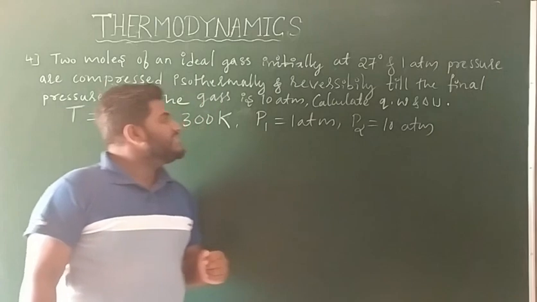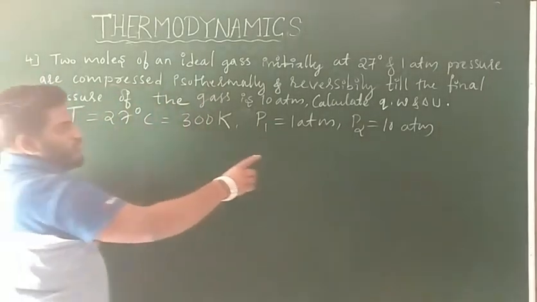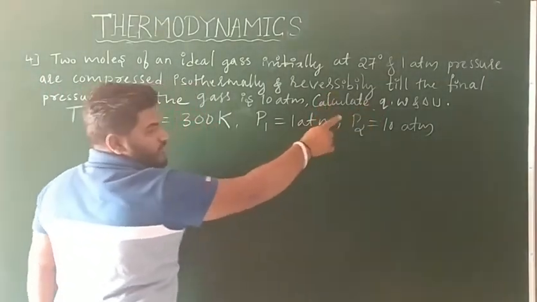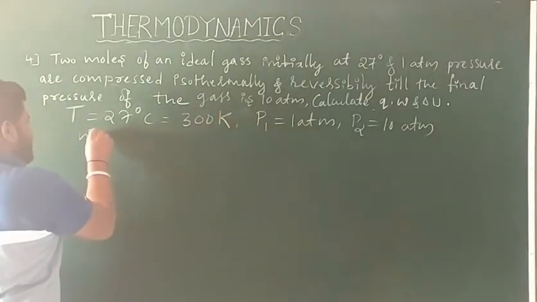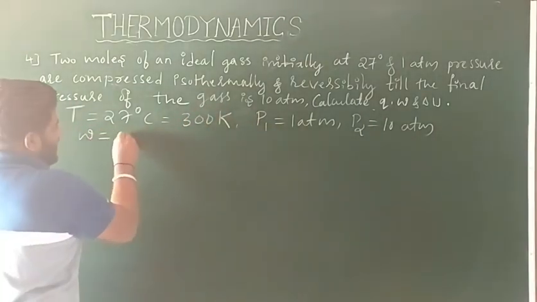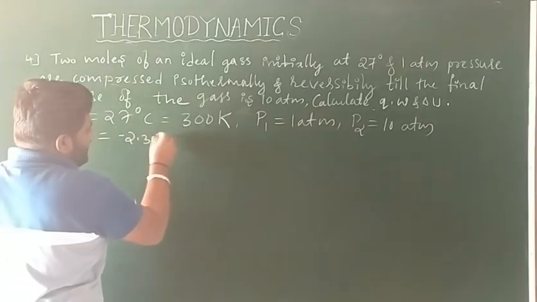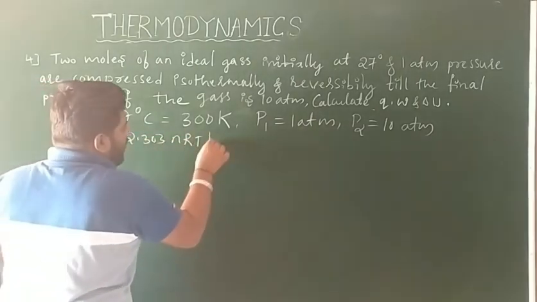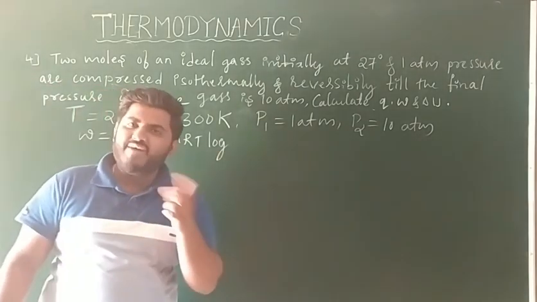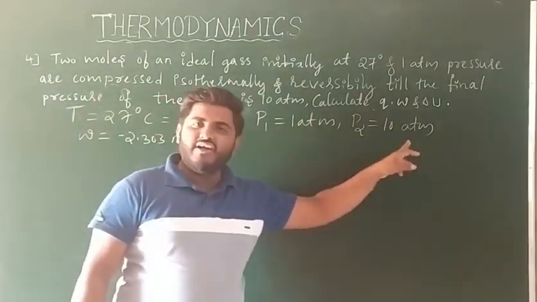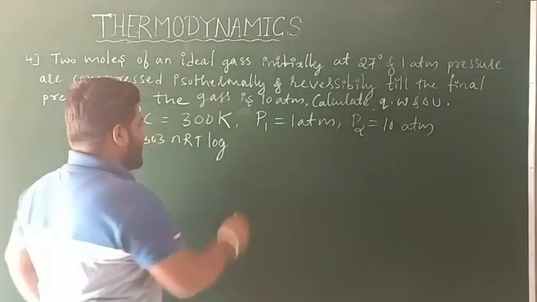First we have to find out these Q, W and U. Before going to that, you must know what is W, guys. W is equal to, we have a formula, minus 2.303 nRT log V2 by V1, or else P1 by P2. Here pressure is given, therefore we should take P1 by P2.